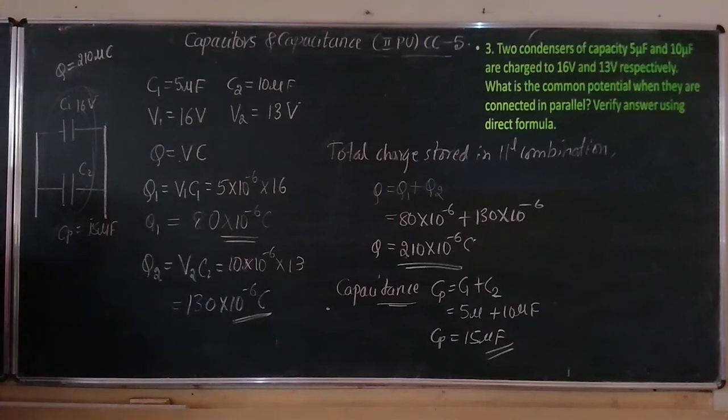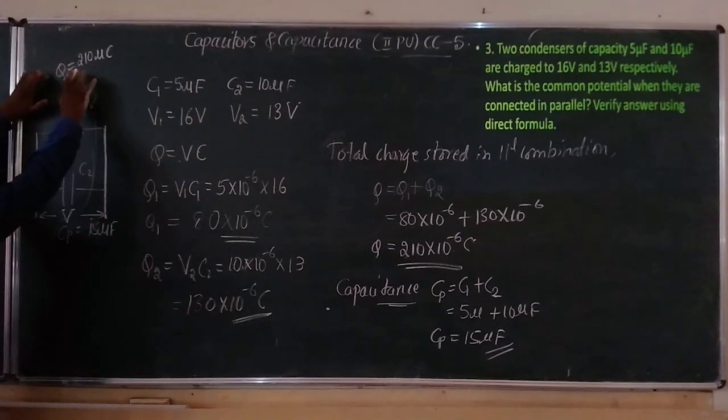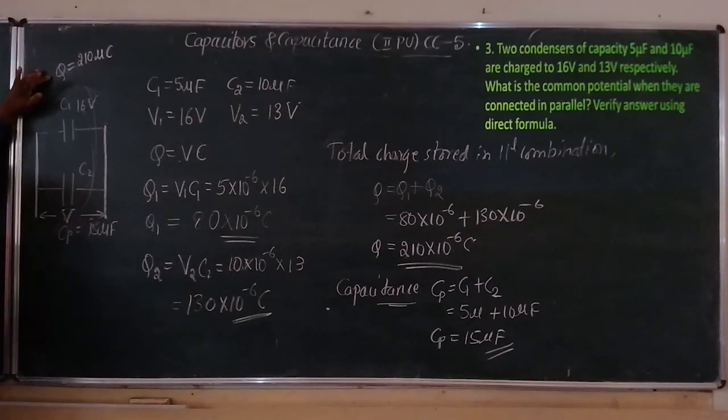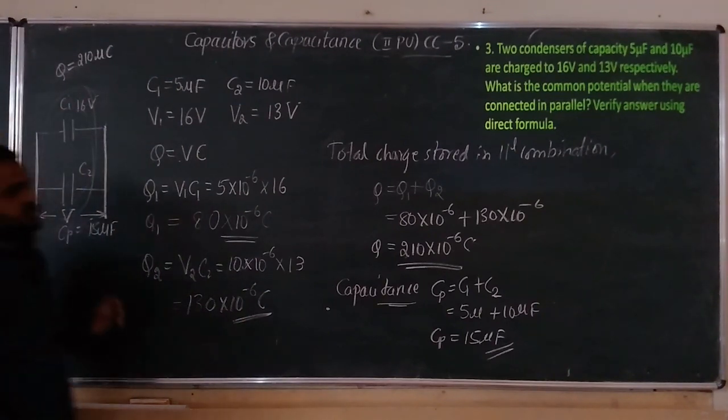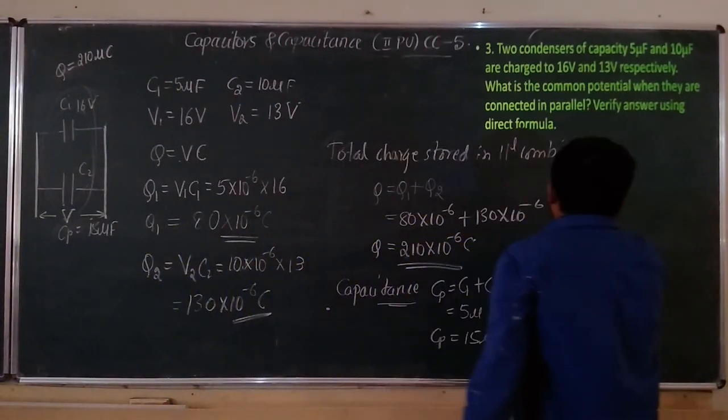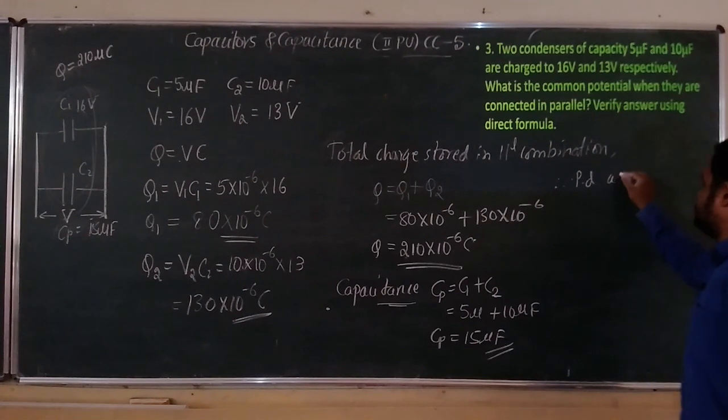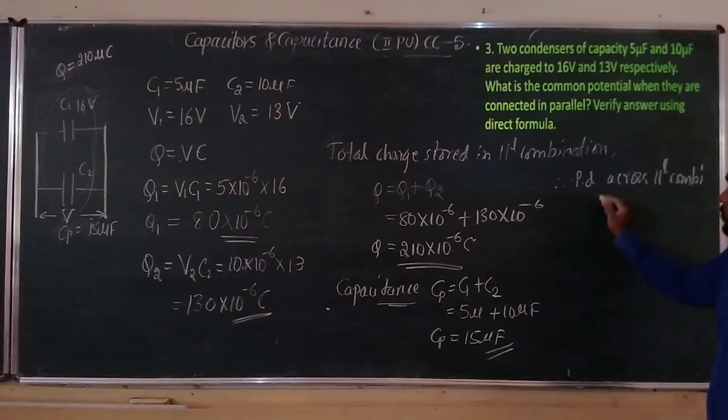Now what is the potential difference? We want to calculate the potential difference. We know the value of capacitance, and we know the total amount of charge stored. So, last step, potential difference across the parallel combination.